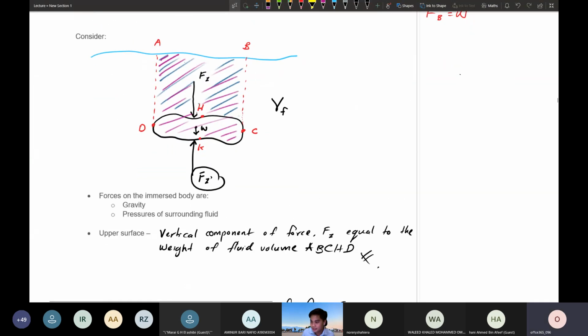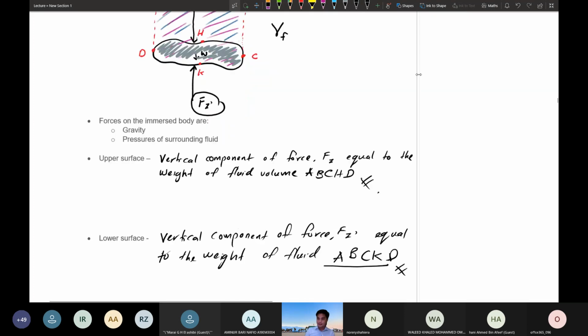A, B, C, K, D minus A, B, C, H, D. Then you get this, a piece of stone. Yes, perfect. So you get all this. This is the difference. Clear?